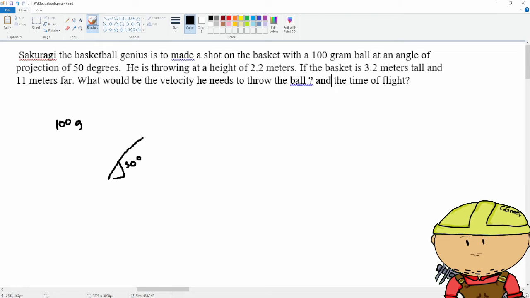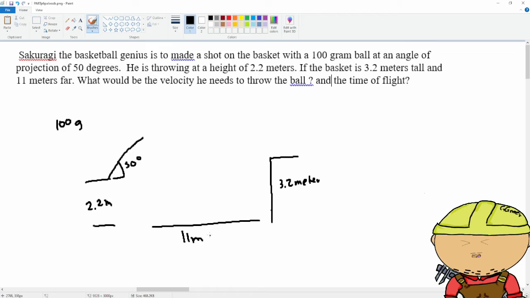He is throwing at a height of 2.2 meters. If the basket is 3.2 meters tall and 11 meters far, that's pretty far, what will be the velocity he needs to throw the ball and the time of flight?